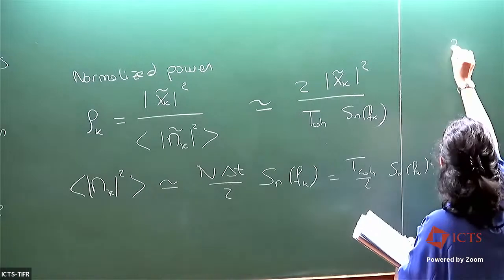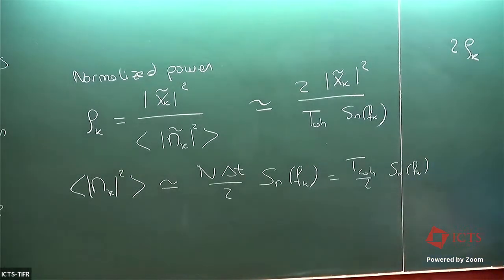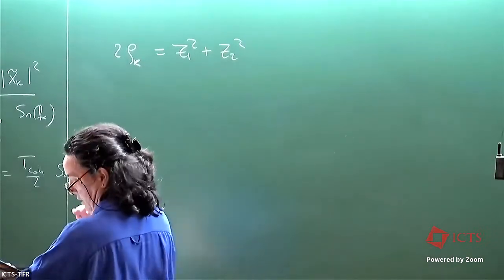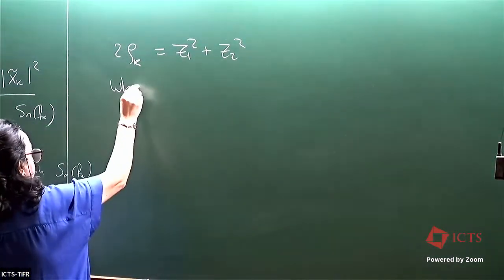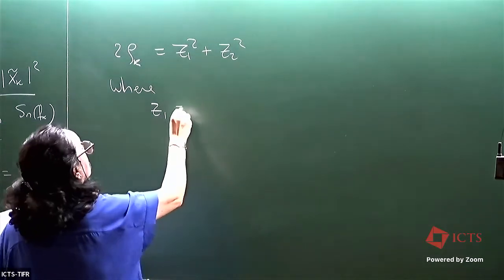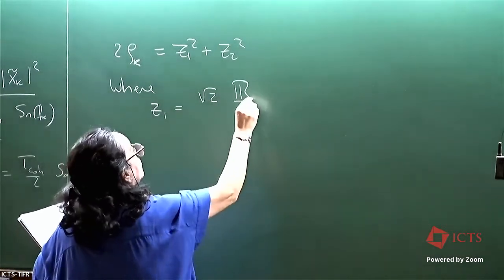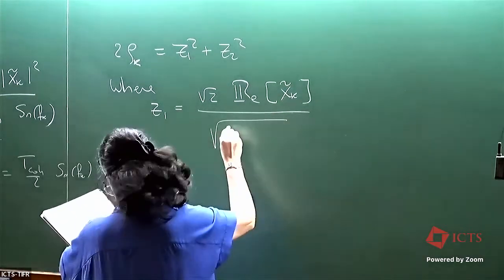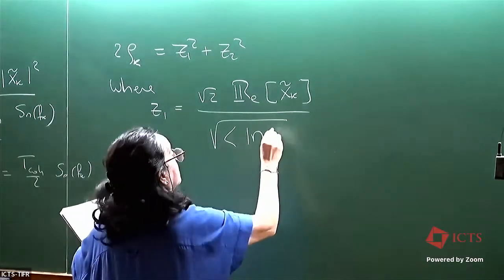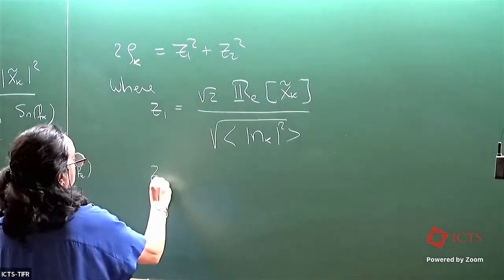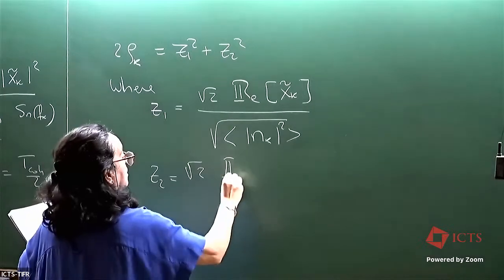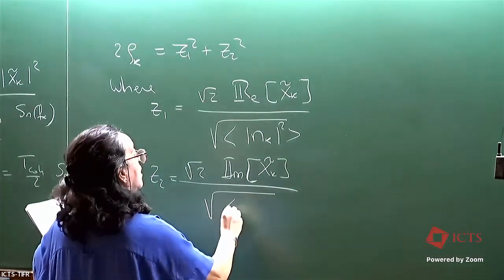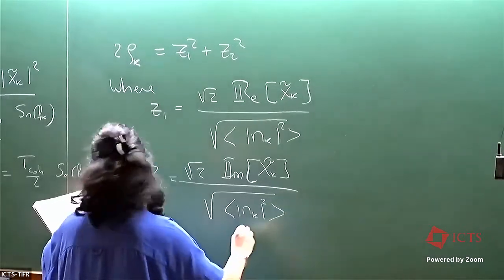So we can approximate it by this quantity, 2 times this power. We can rewrite it as a sum of 2 quantities, where Z1 is the square root of 2, the real part of the Fourier transform of x, divided by this term related to the noise, and Z2 is the imaginary part, and then squared.